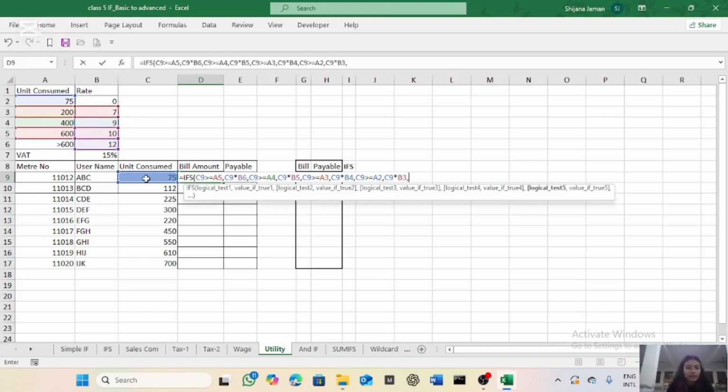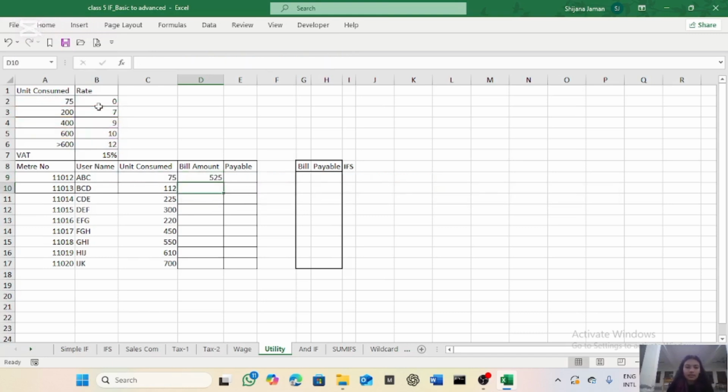But if our unit consumed 75 is less than 75, our rate will be 0. Bracket close, enter. This is our bill amount of ABC user.